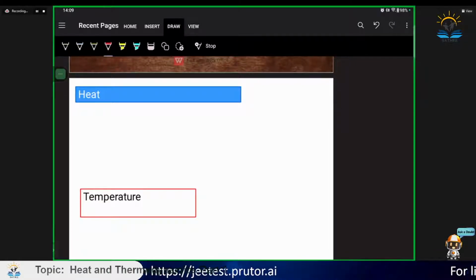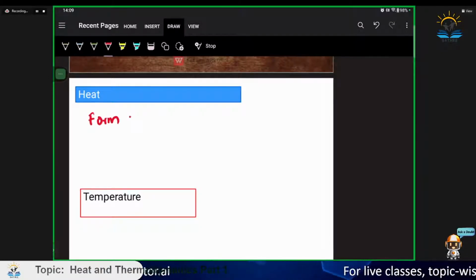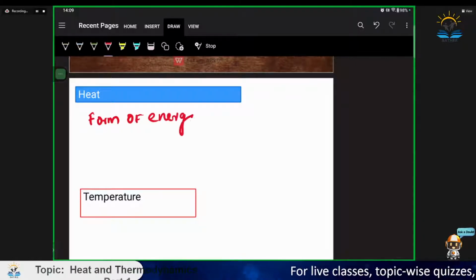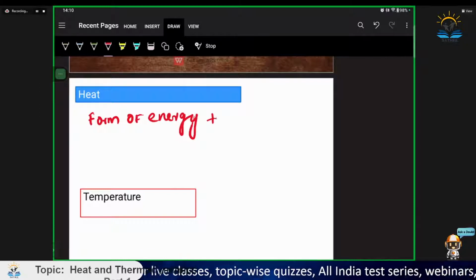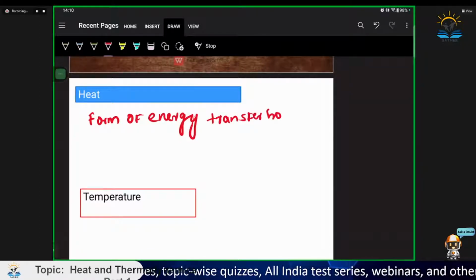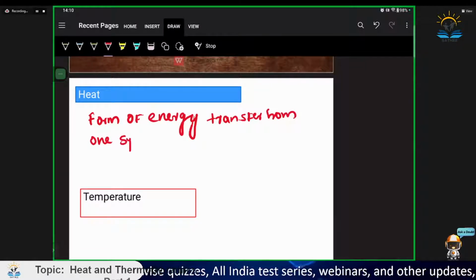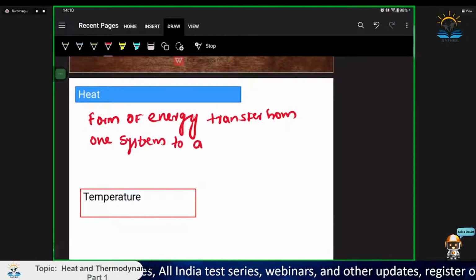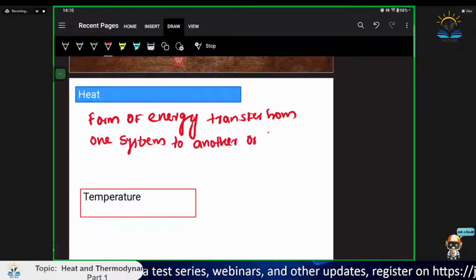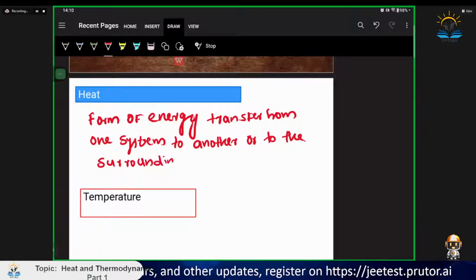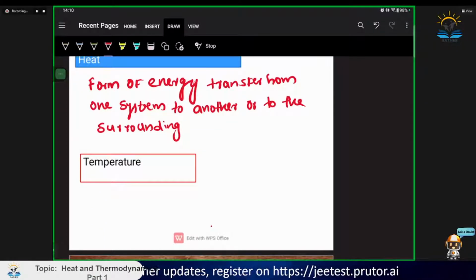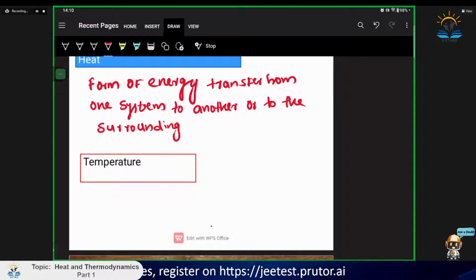Heat and temperature are not the same. Heat is a form of energy that we can transfer from one system to another, or to the surrounding. This is the definition of heat.